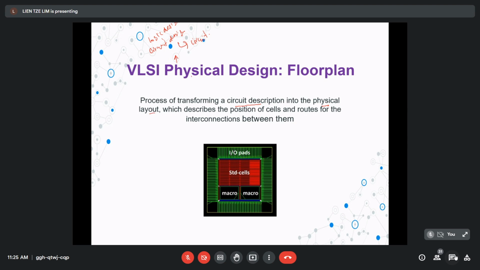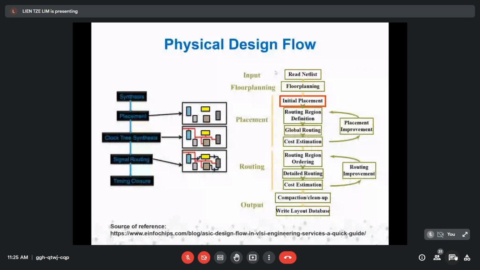Under physical layout, there is another process. There is a diagram here. These are the processes: synthesis, placement, clock tree synthesis, signal routing, timing closure. All these processes are under physical design.